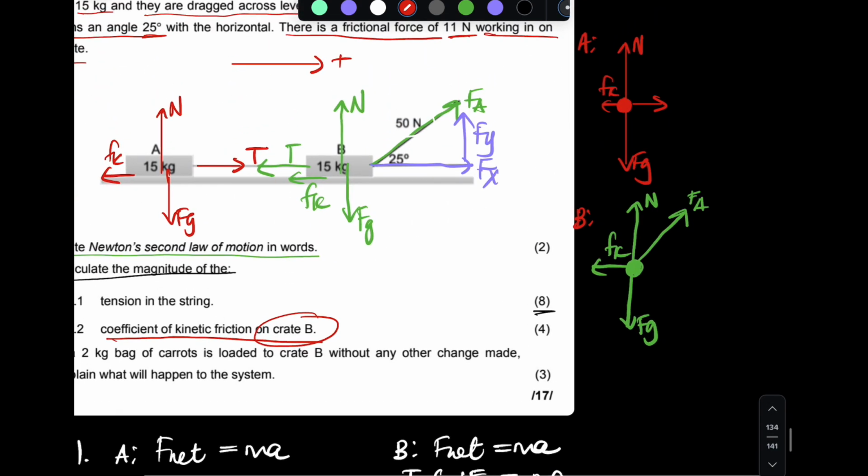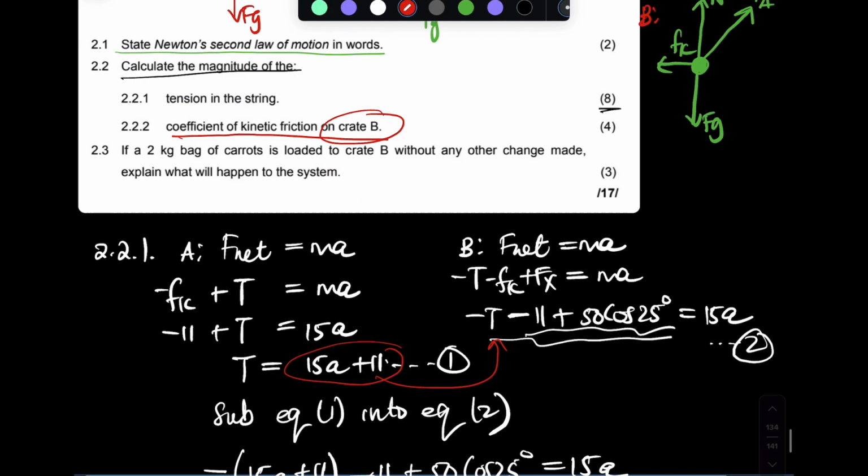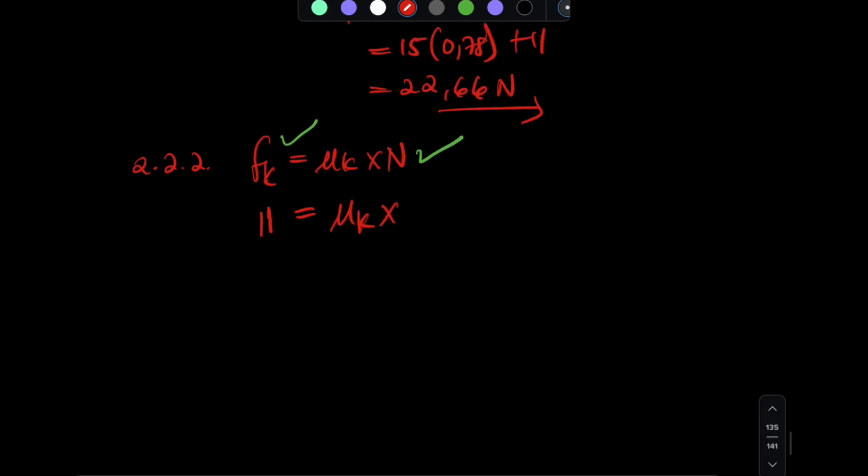It's very important. For crate B, it's pulled at an angle. So if it's pulled at an angle, the normal force is going to be mg minus what? Fy. Let me just show you.